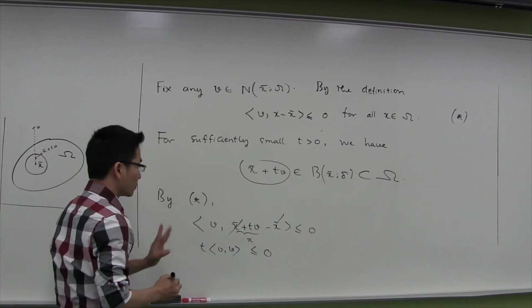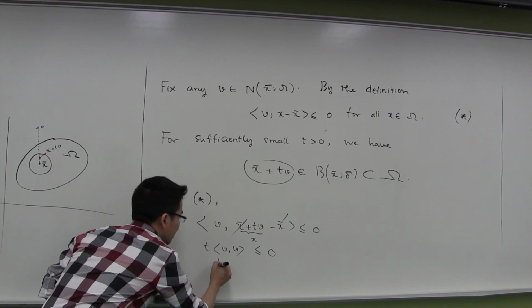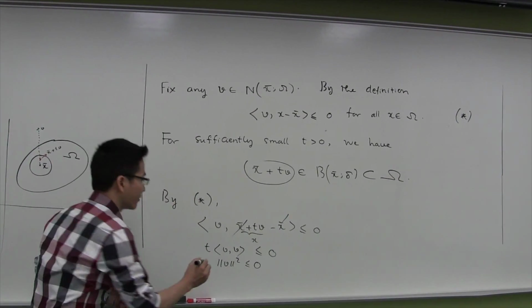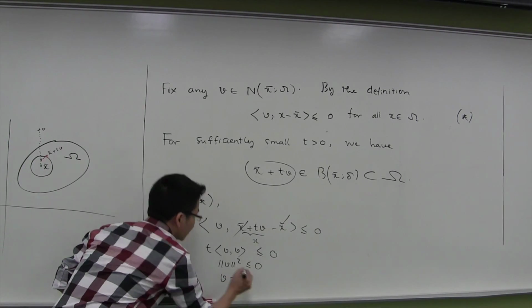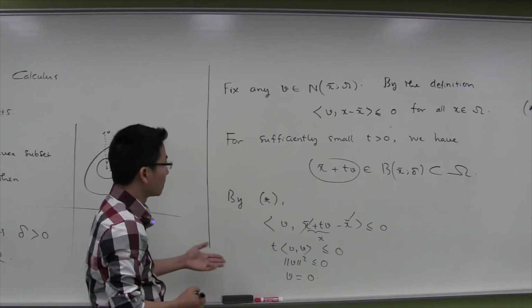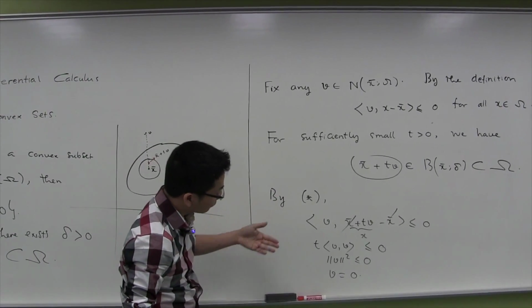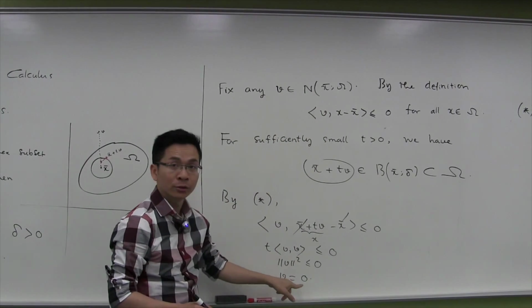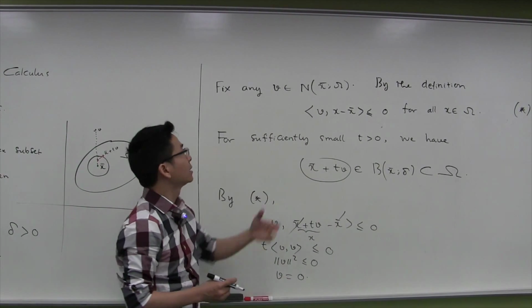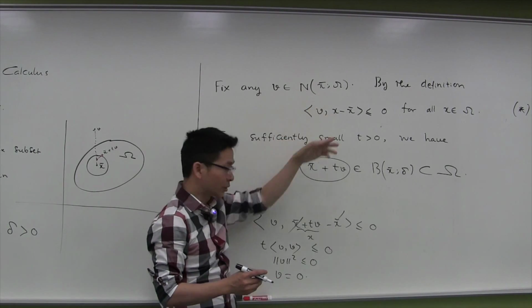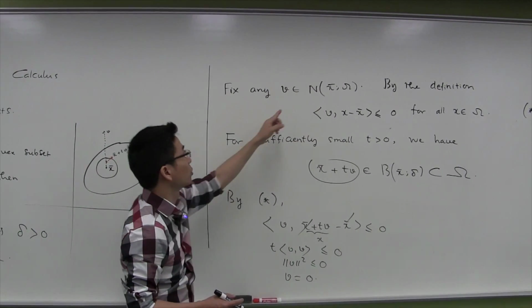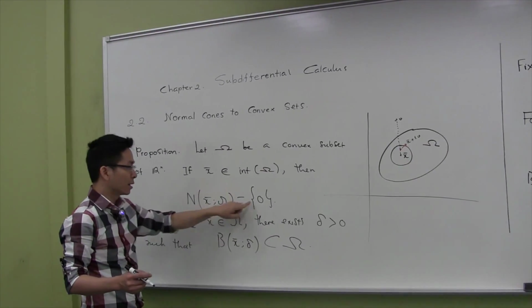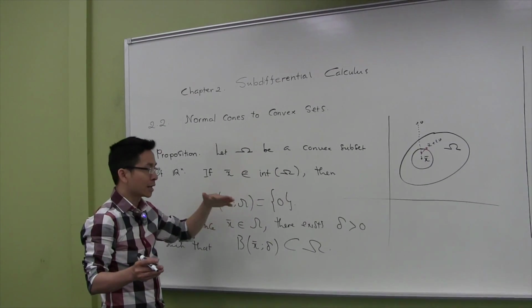Okay, and because t is positive, from here we have that norm of v squared is less than or equal to 0, and we end up having that v is equal to 0. Okay, so we have proved that whenever we take v in this normal cone, v is equal to 0, and obviously 0 belongs to this normal cone. So therefore the normal cone to omega at x bar reduces to a singleton, that is 0.